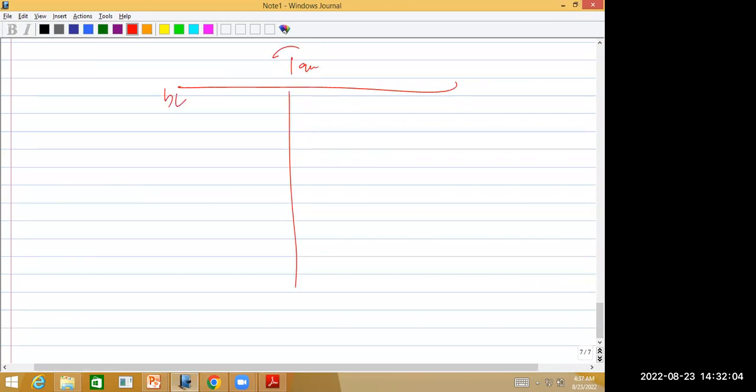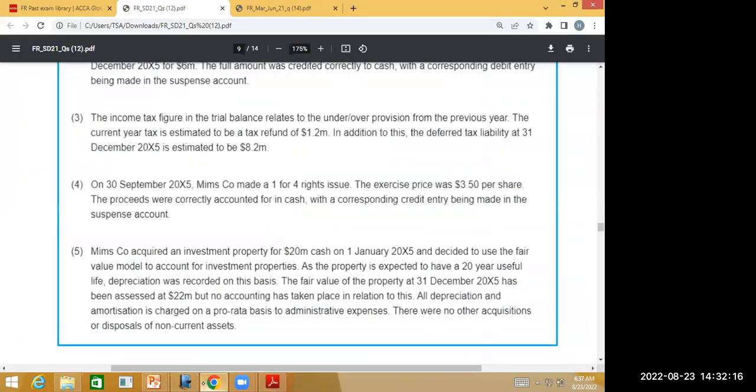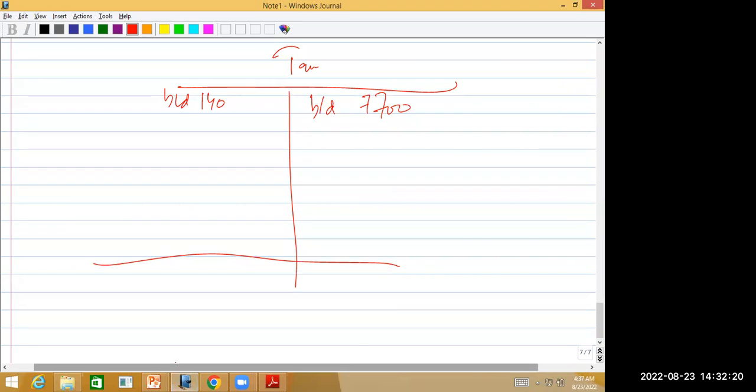Tax account having an opening balance of 140 in the current tax, and the deferred tax is having an opening balance of 7700. Closing balance in the deferred tax liability is 8200, and current tax is a refundable balance. 560 refundable.